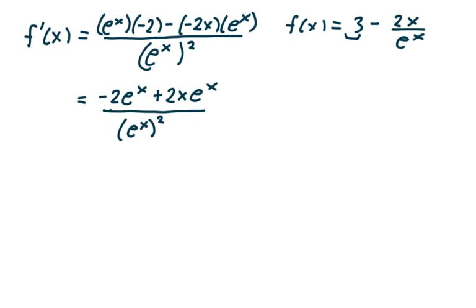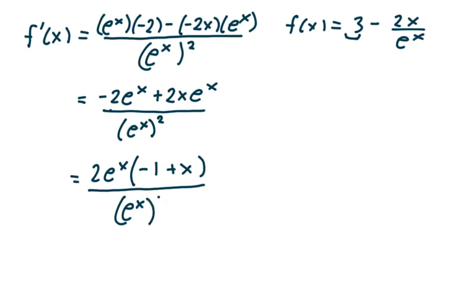Okay. Now, let's factor out a 2e to the x. And when I do that, I get negative 1 plus x, I believe, right? And then I'm dividing by e to the x squared. Now, here I can write 2 times x minus 1 divided by e to the x, right?